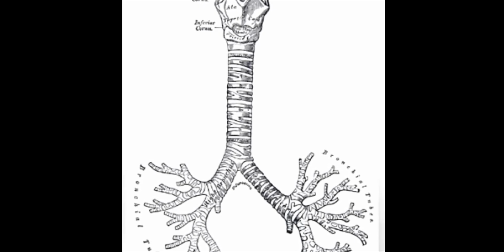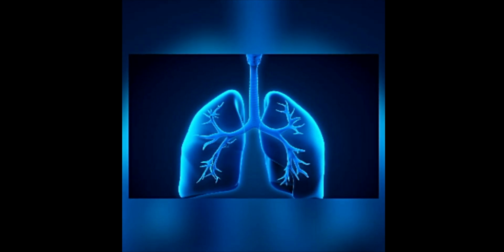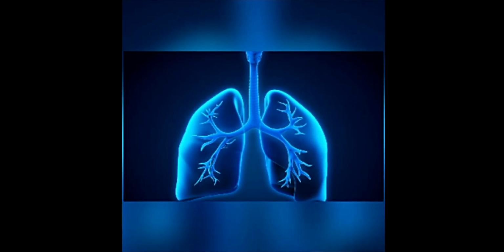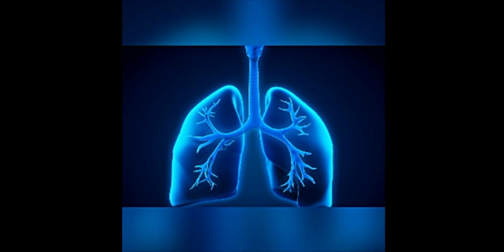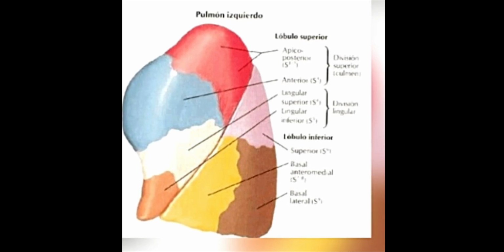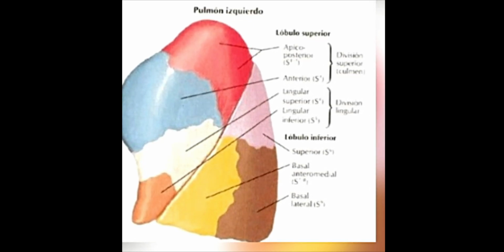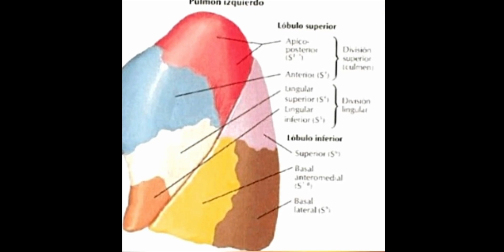The left main bronchus, after a 4 to 5 cm journey, is divided into an upper bronchus for the upper lobe and lingula, and a lower bronchus for the lower lobe. The left lung, unlike the right, has no middle lobe.